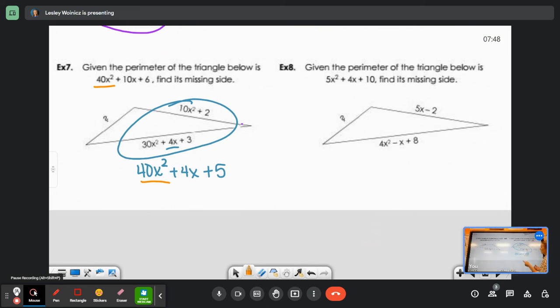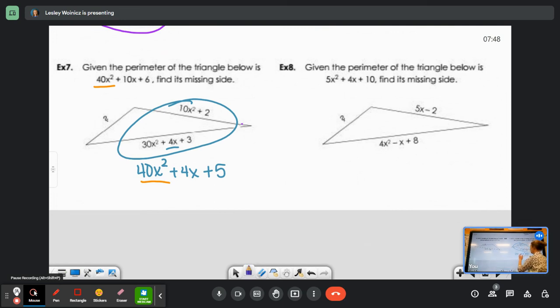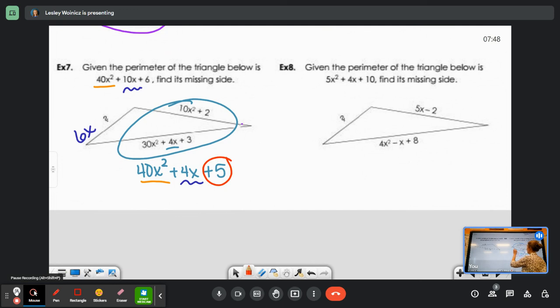Next, I'm going to look at my linear terms. I have 4x, but I need 10, so I'm missing 6. So I need 6x on my missing side. Last, we look at the constants. I have a 5, but I need 6. It's going to take me one more to get there.